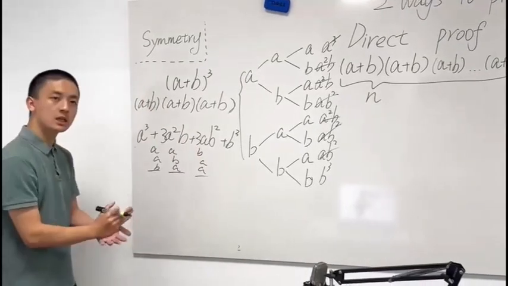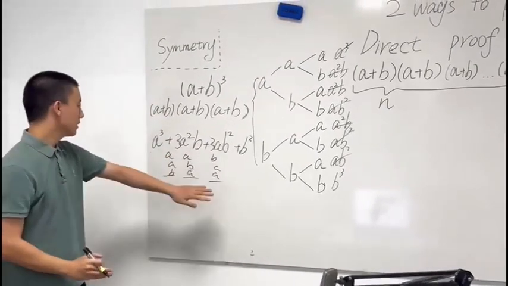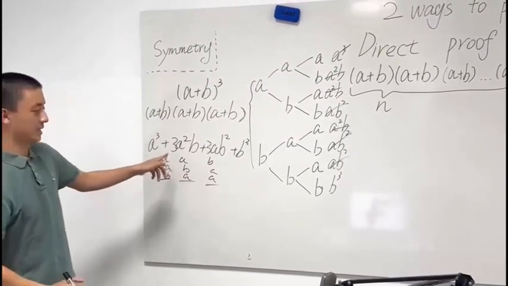So we know that the coefficient of a squared b will be 3.